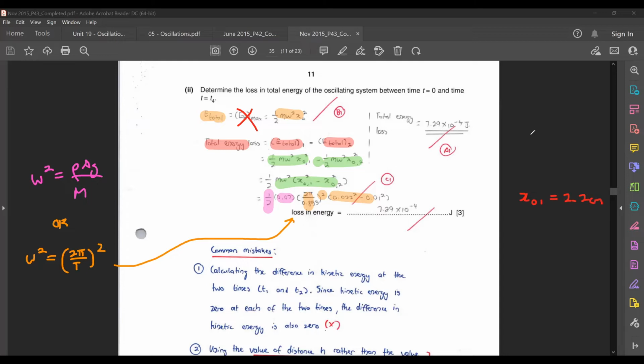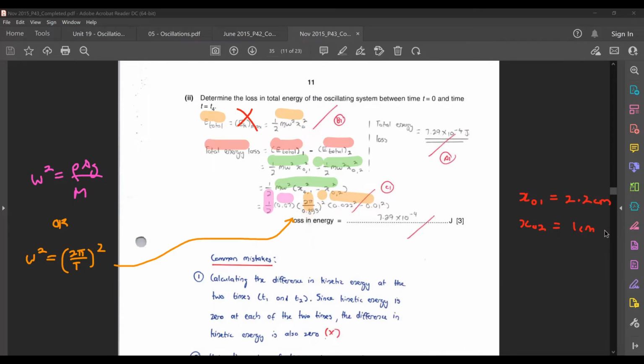Just now I wrote it as 2 centimeter, right? That is actually not the accurate one. x naught 1 is 2.2 centimeter. x naught 2 is actually 1 centimeter. But remember to change them to meter, and then remember to square them.